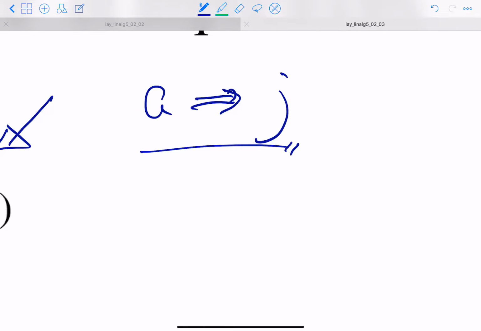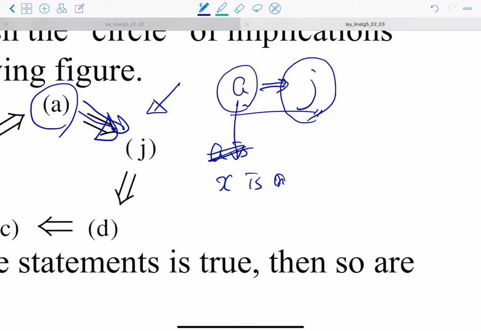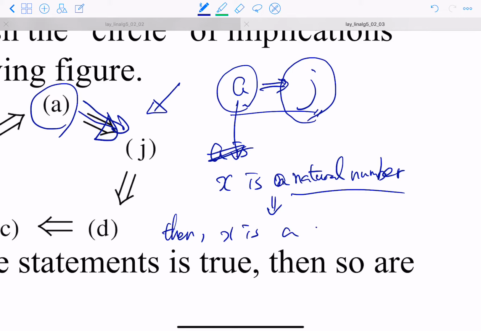Okay, so we consider this kind of proposition, which indicates that if A is true, then this J is always true. For example, the statement A is like X is a natural number, and then X is an integer.